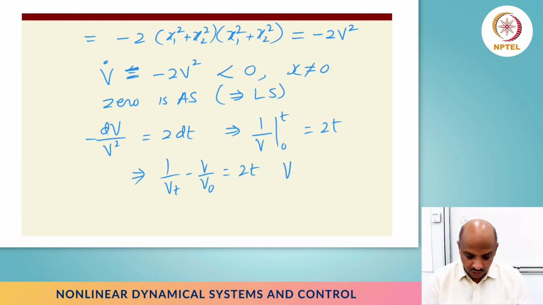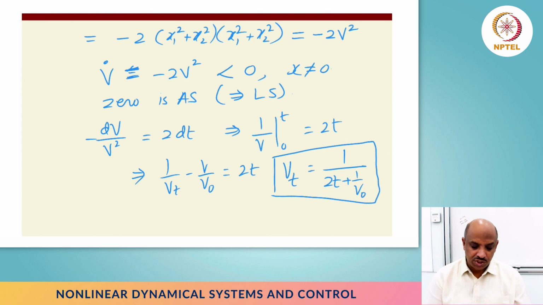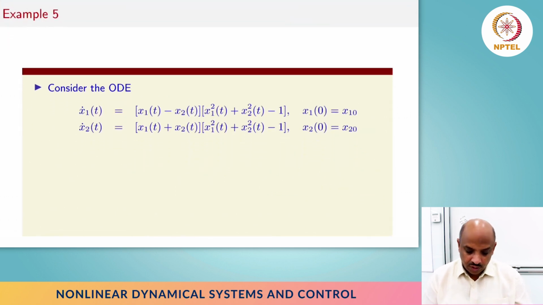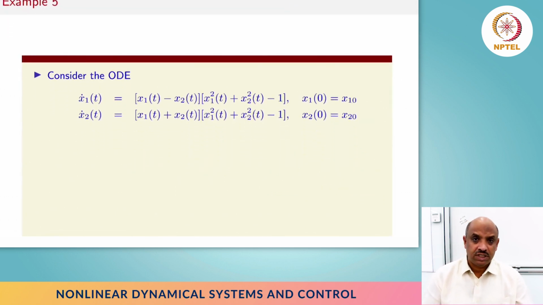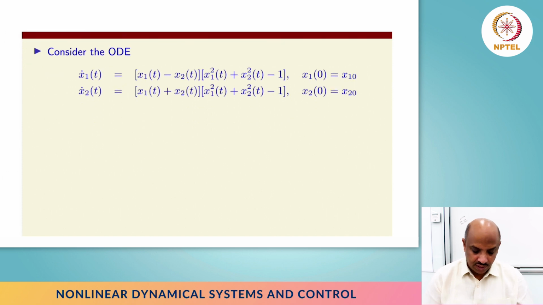So we can eventually conclude that v(t) is equal to 1 over (2t plus 1 over v0), right? And clearly v is certainly not decreasing exponentially, and that was meant to show that it is not exponential, right? So we'll go to a similar example next, and it's much more interesting in some sense.